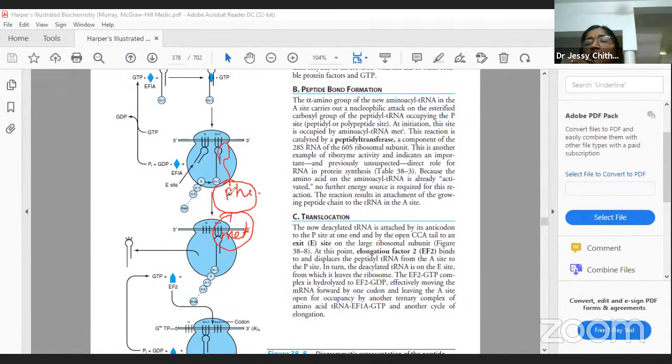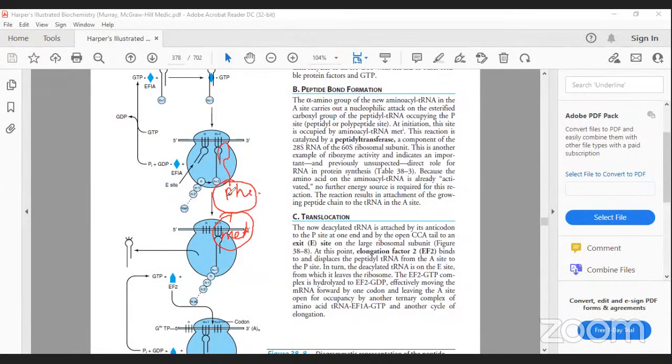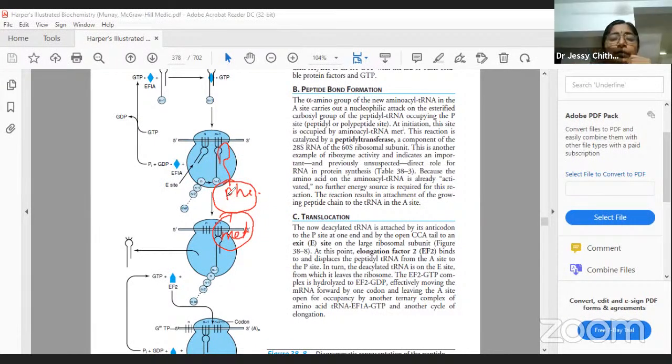The peptidyl transferase has the 28S ribosomal subunit in it, and it is an example of a ribozyme. Ribozymes can be asked as a 1 mark question. What are ribozymes? Ribozymes are enzymes having an RNA component in them. Examples are peptidyl transferase, RNase P, RNase H, etc. With the help of peptidyl transferase, a peptide bond is formed.